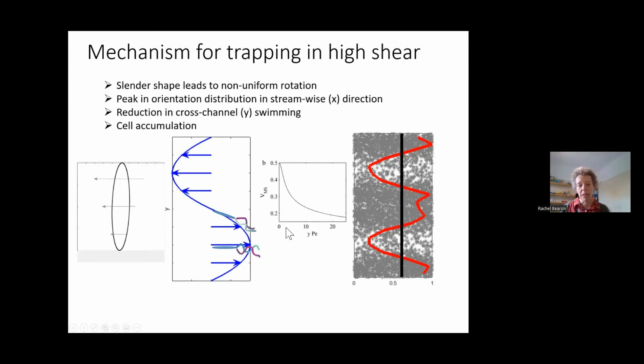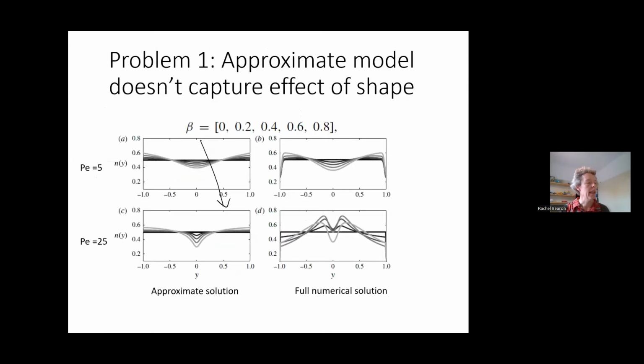So that was nice and closed the problem a little bit, but there were a couple of problems with that, and I will talk those through in the last bit of time to then identify some of the other, more recent work. One of the problems is that the approximate model didn't capture very well the effect of shape.